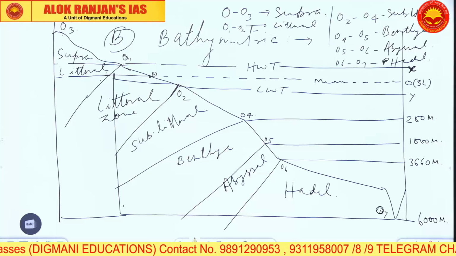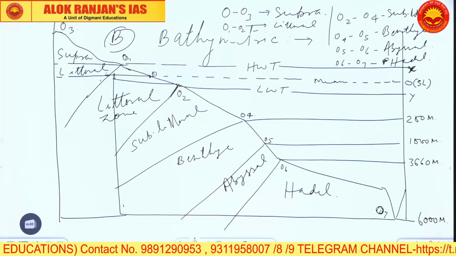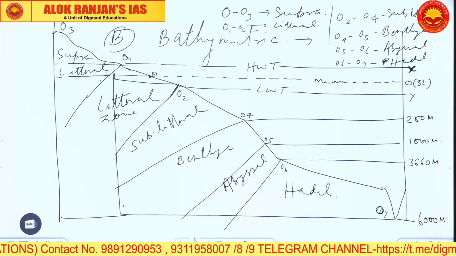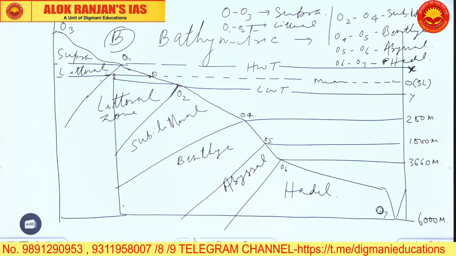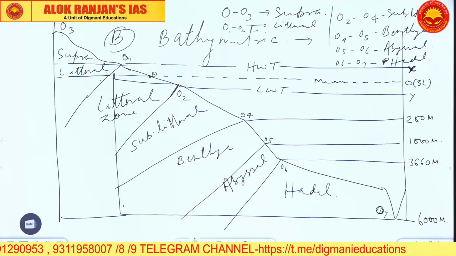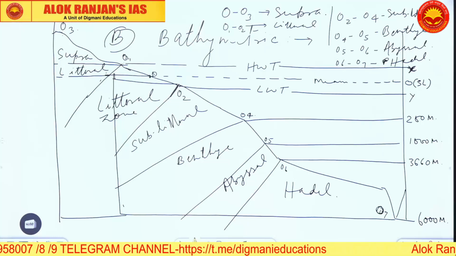Need not worry. So 4000 meters to 6000 meters will be called the Hadal zone. I will have a quiz just to find out whether you are learning or not. So please respond and respond rapidly.